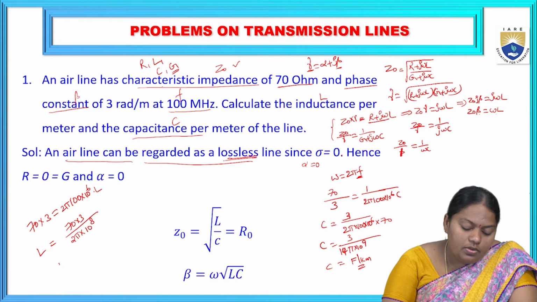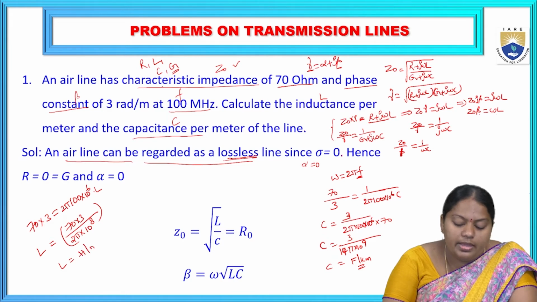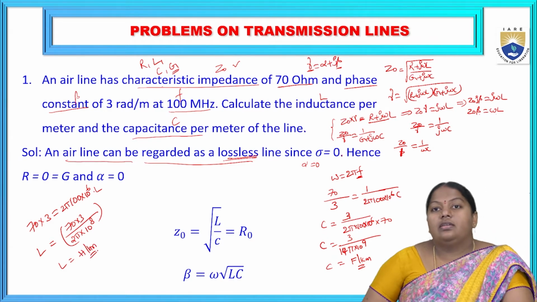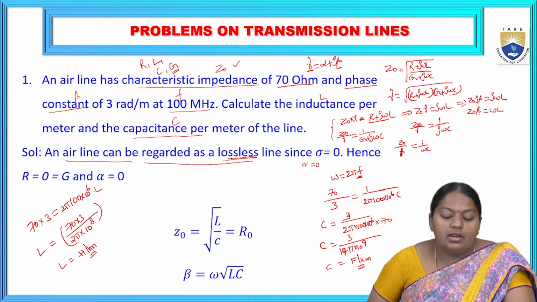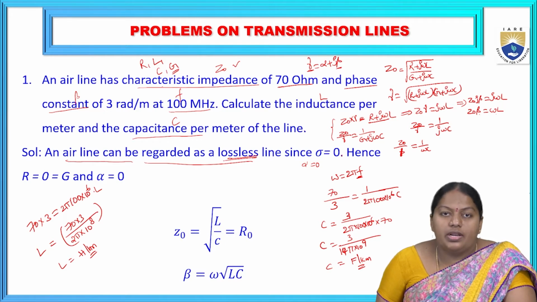So if you simplify this, the answer is obtained, and this can be measured in terms of Henry per kilometer or per meter. Similarly here also the inductance is to be evaluated throughout the length of the transmission line, right?